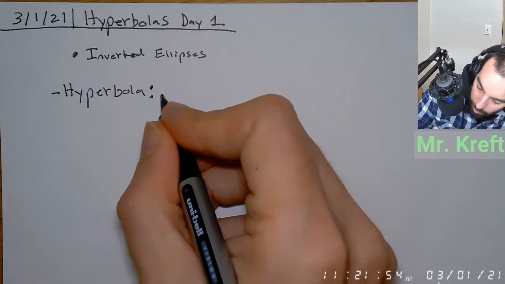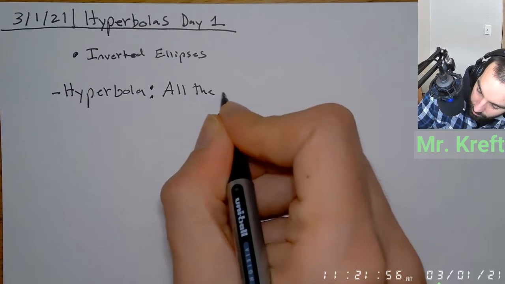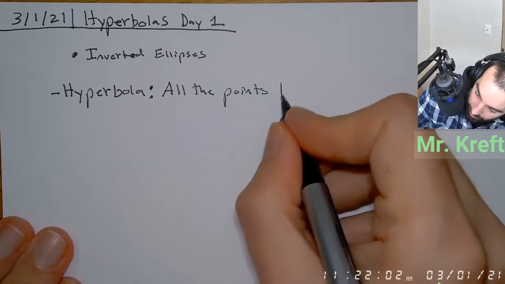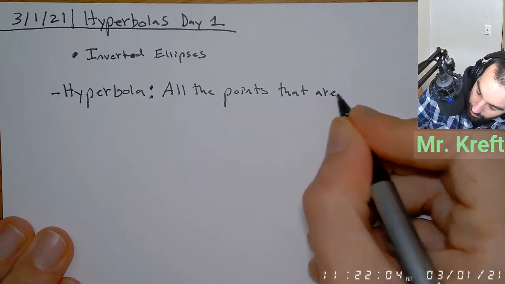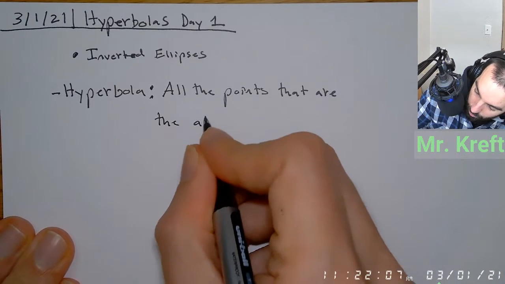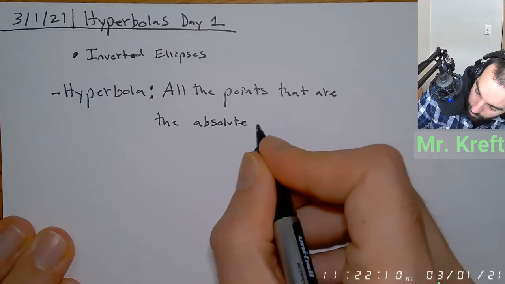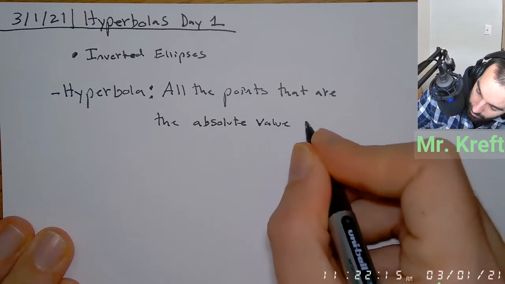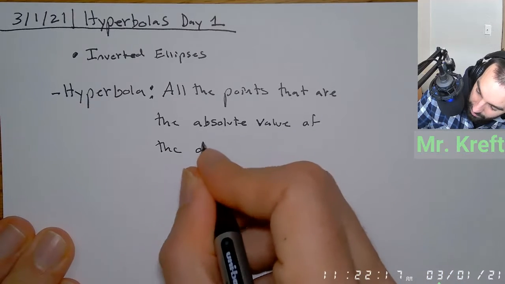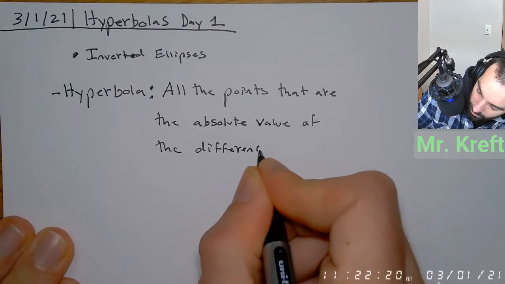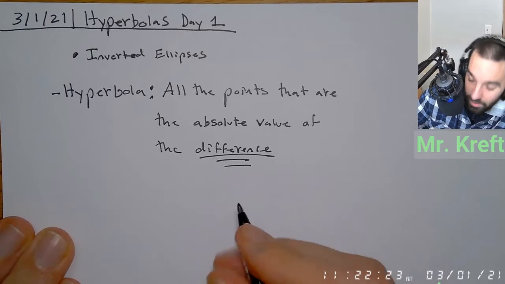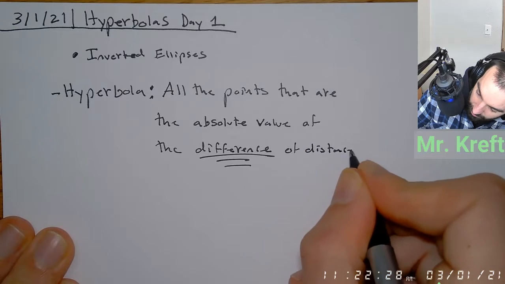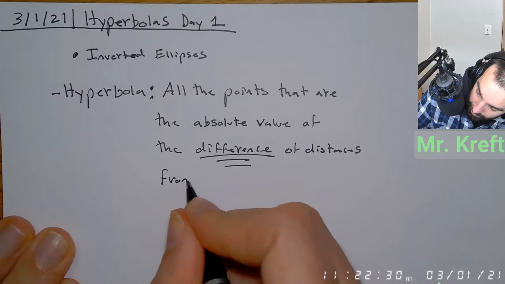Okay, a hyperbola is all the points that are the absolute value of the difference of distances from the foci.